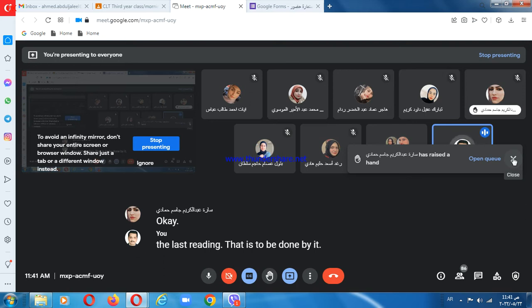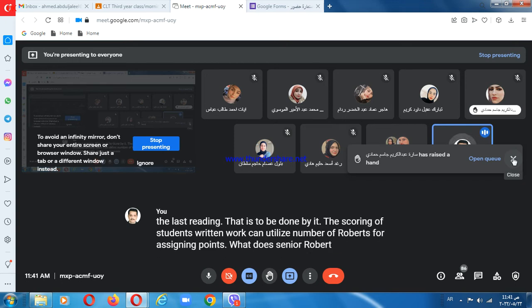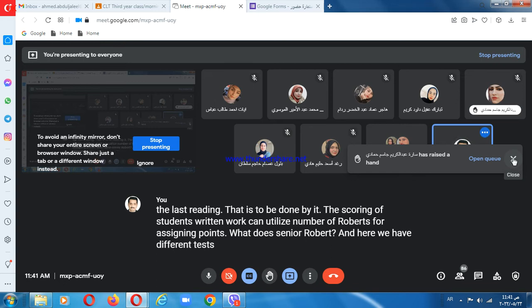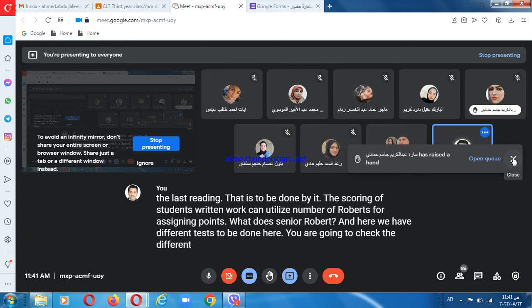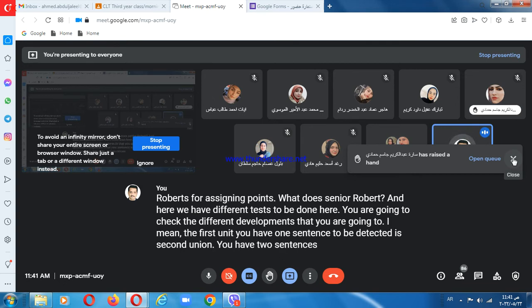The scoring of students' written work can utilize a number of rubrics for assigning points. What does rubric mean? Here we have different tests to be done, and you are going to check the different development. The first unit has 1 sentence to be dictated, the second unit has 2 sentences, the third unit has, for example, 4 sentences.